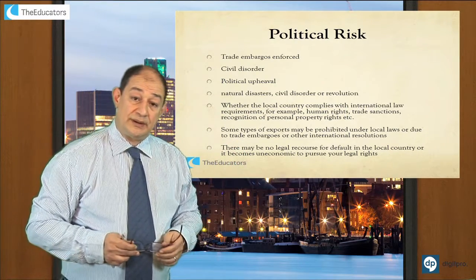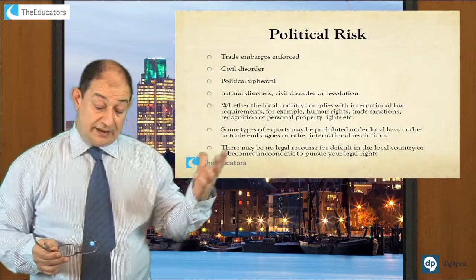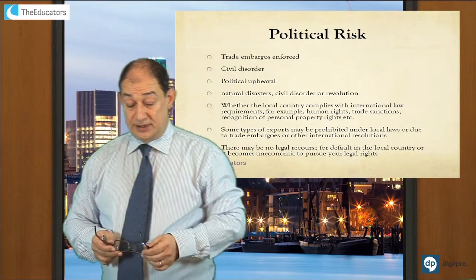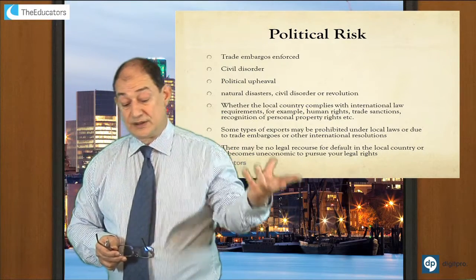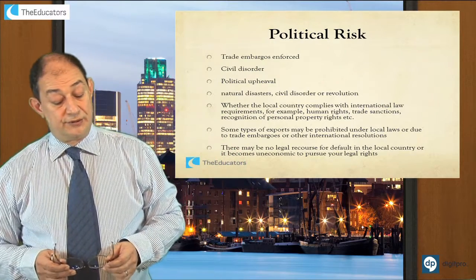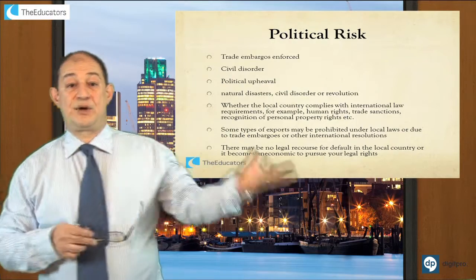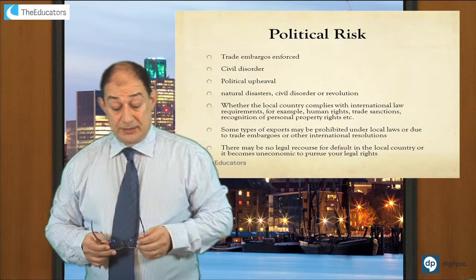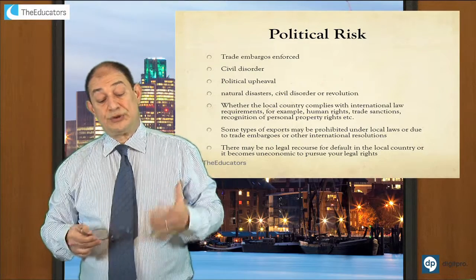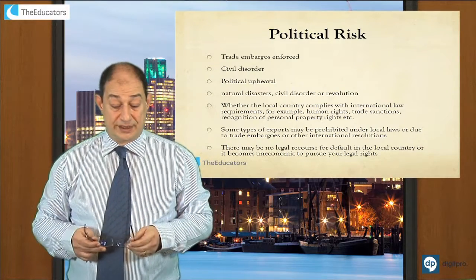Civil disorder: I think in Egypt last year, out of the blue, suddenly the country went into revolutionary mode. So goods in transit, the buyers, everything goes into disorder. A lot of people, I'm sure, lost their money.